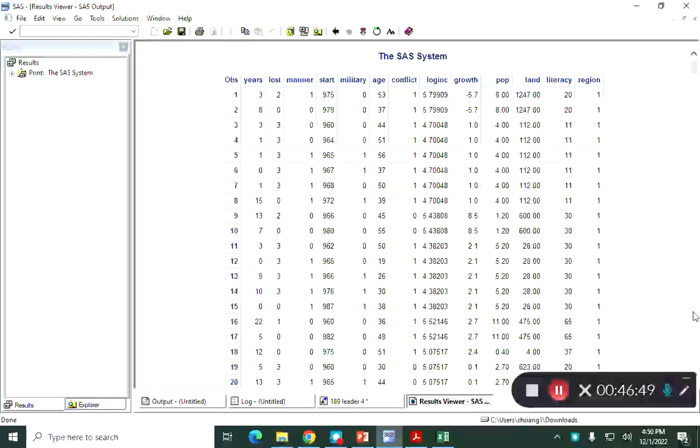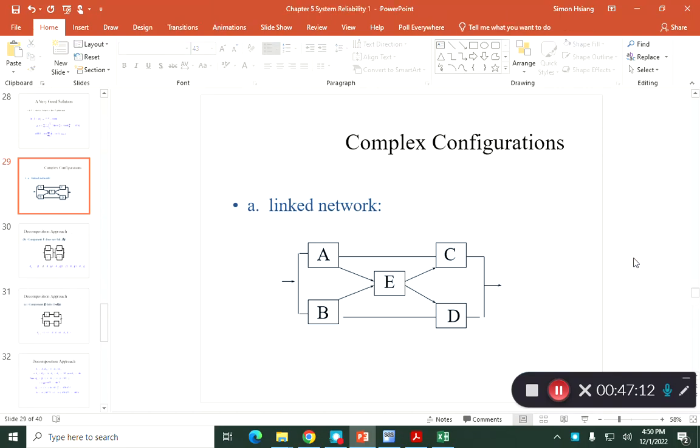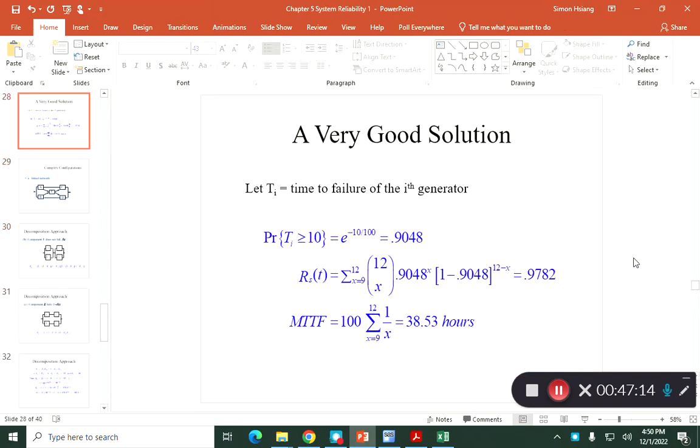If the grades are not in, I'll give you enough time anyway, okay? Mechanically, you have the SAS, you have the system reliability model. I'm not going to give you a new configuration. We'll just use this complex configuration to play the world leader, okay? Okay, any more questions from you?